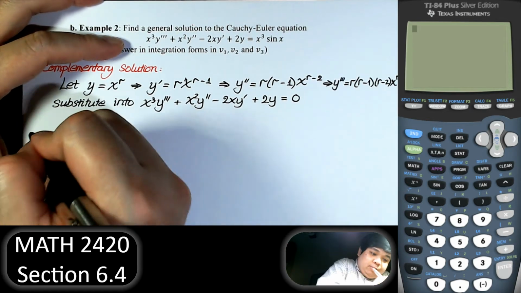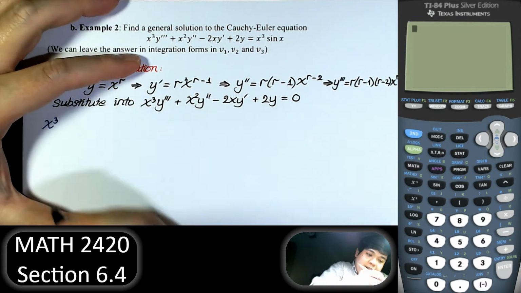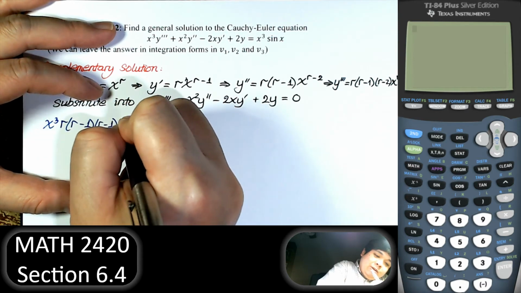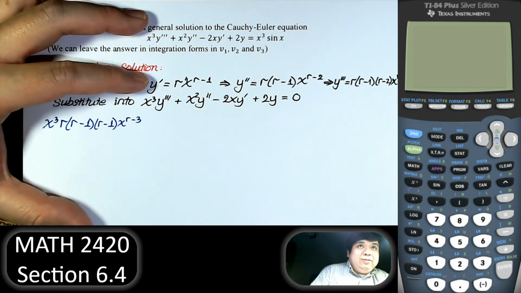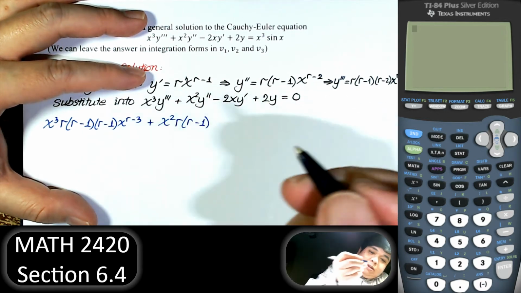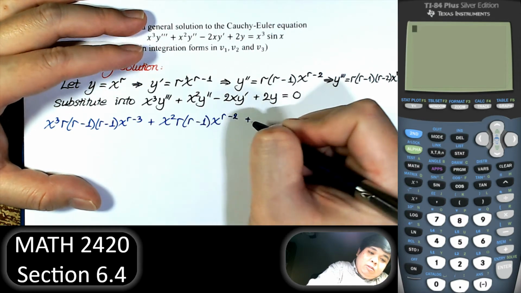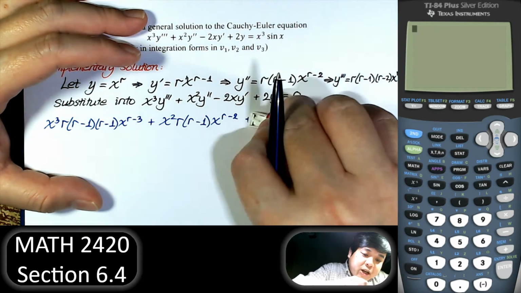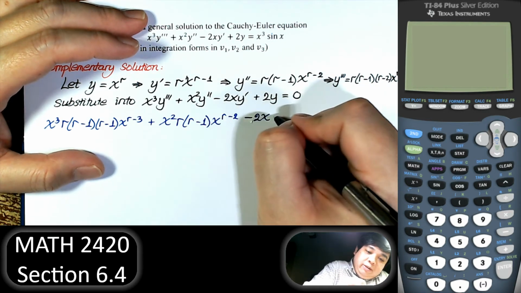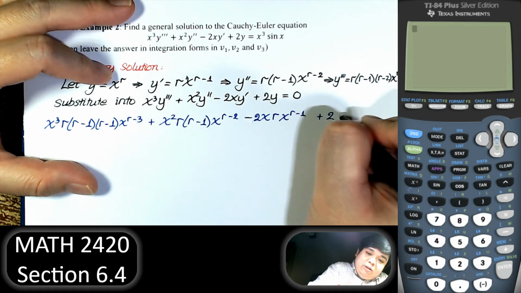Right, so x cubed and then third derivative r minus 1 r minus 2 x to the r minus 3, plus x squared second derivative r minus 1 r x to the r minus 2, minus 2x derivative r x to the r minus 1, and then plus 2 times the function.